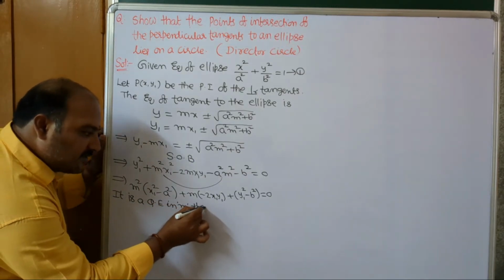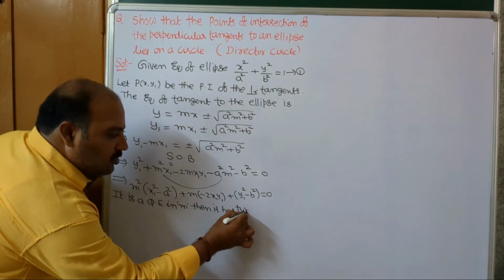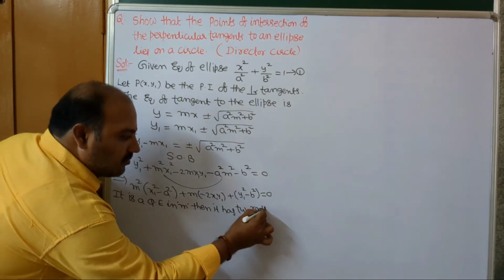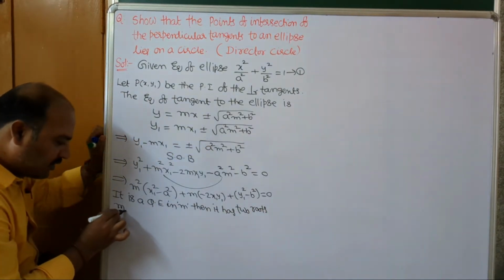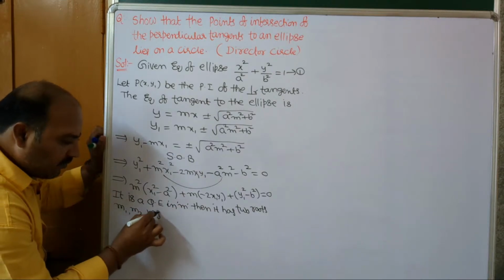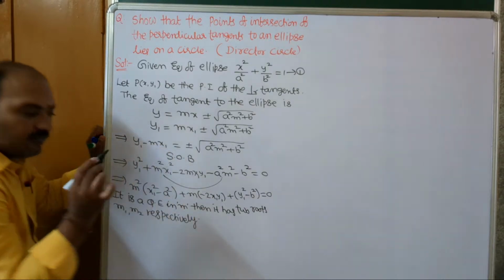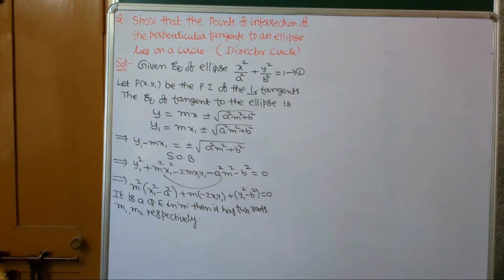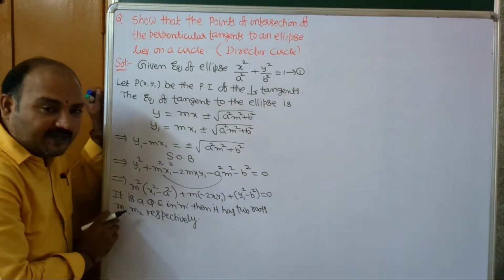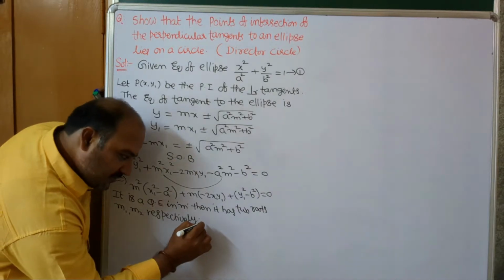Then it has two roots, m1 and m2 respectively. What is m1? What is m2? Anyone? Any idea? Where m1 is slope of first tangent, m2 is slope of second tangent.